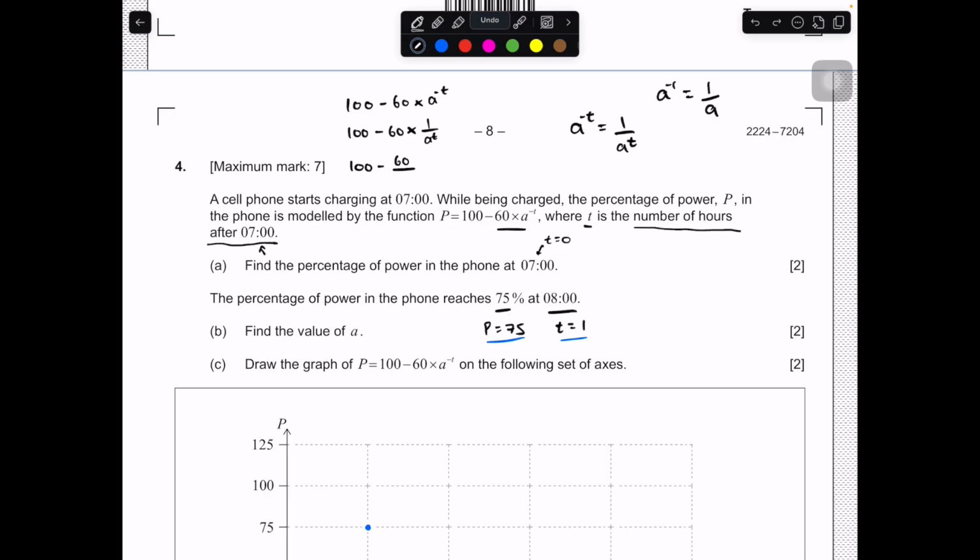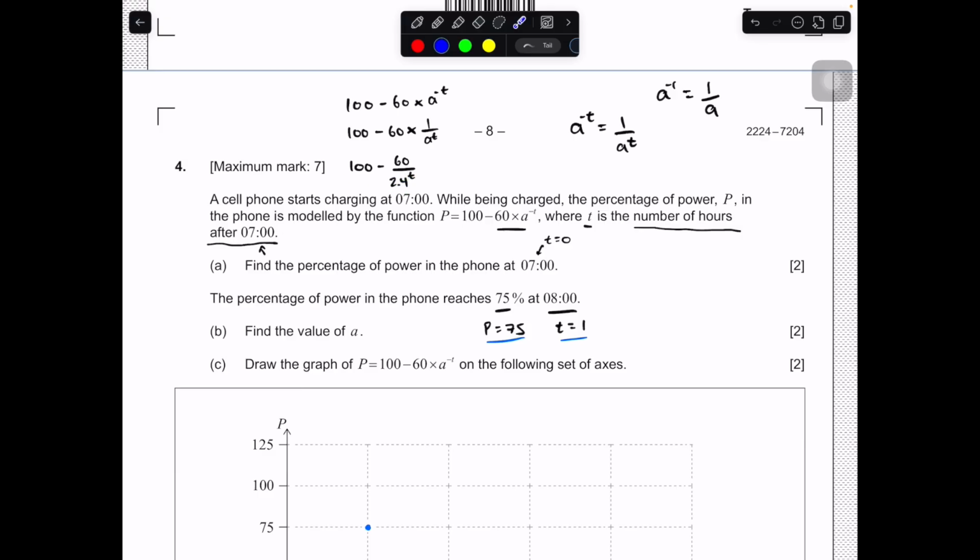And what does that mean? Well, if a itself was equal to 2.4, which we found out it was, then with 2.4 raised to the power of t, we're taking some value of 60 and dividing it by some larger and larger value.